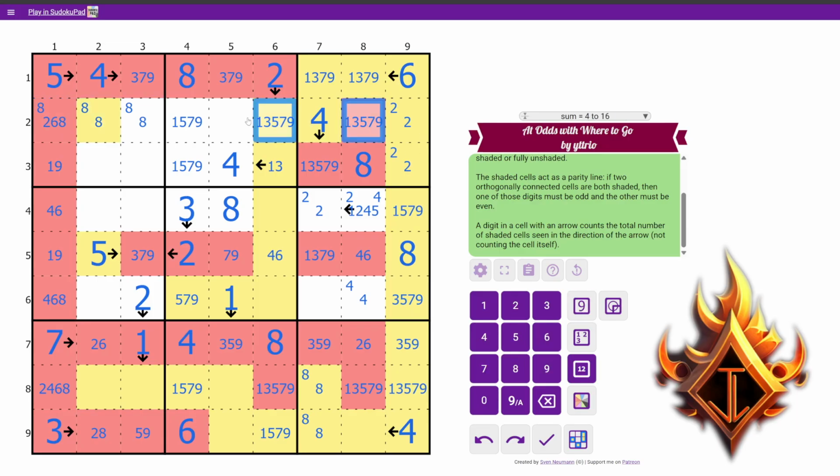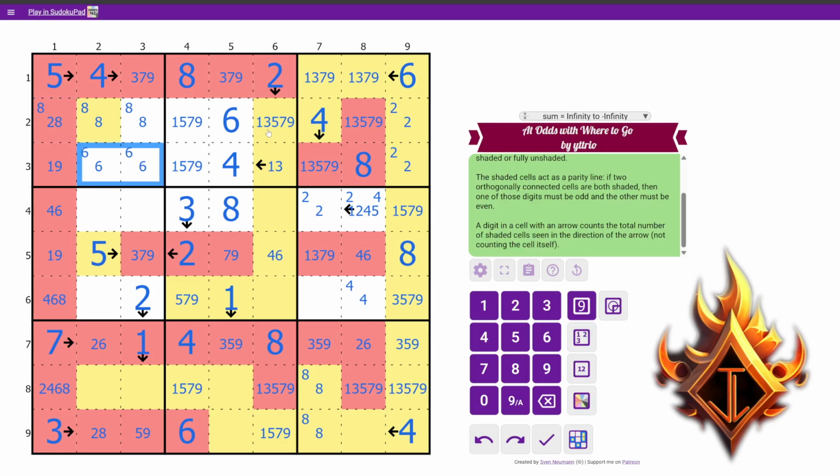1, 2, 3. I have 3 odds along there. Oh, 6 can only go there anyway. Right. So that is 2 or 8. 6 is going down here, one of those 2.